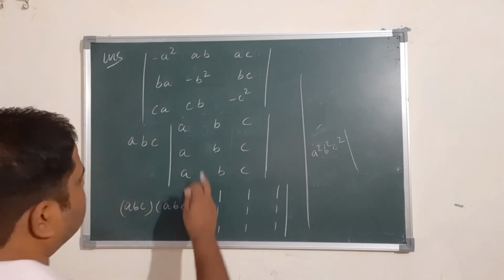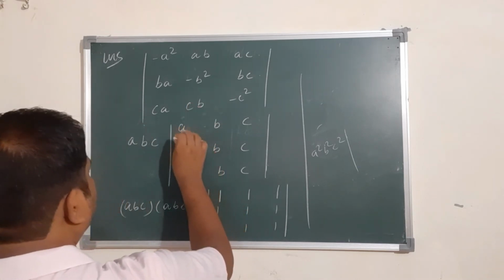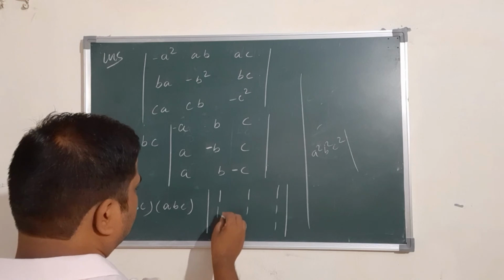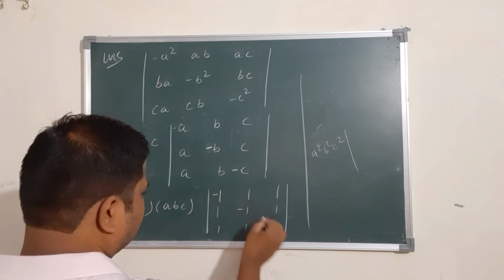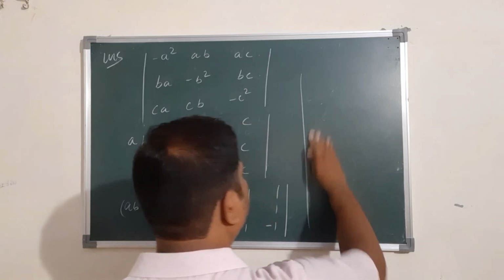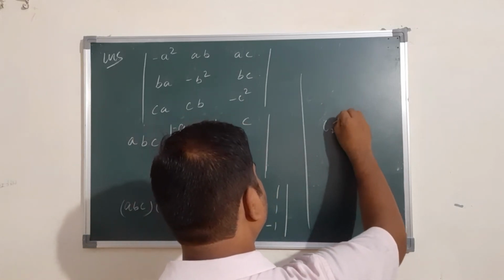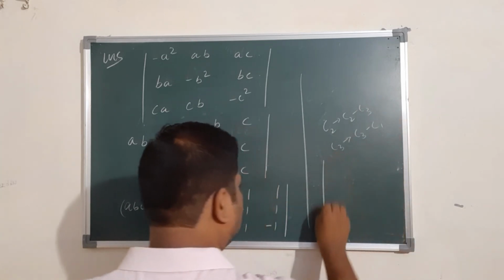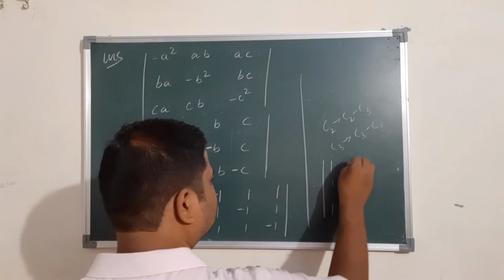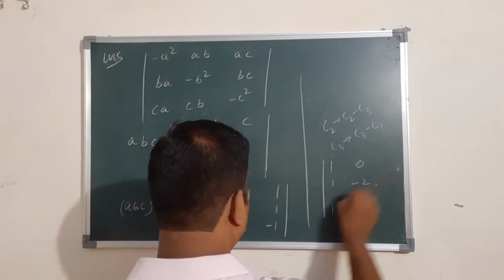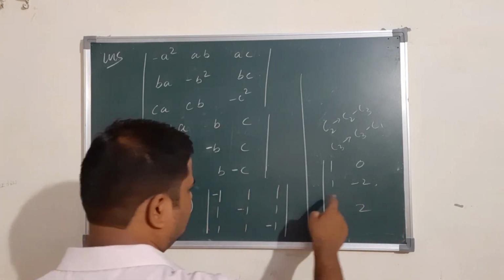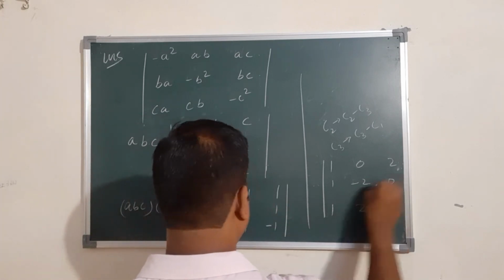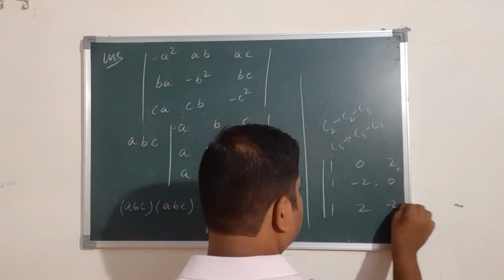Then apply C2 tends to C2 minus C3, and C3 tends to C3 minus C1. We will have entries like minus 2, plus 2, plus 2, 0, and minus 2.